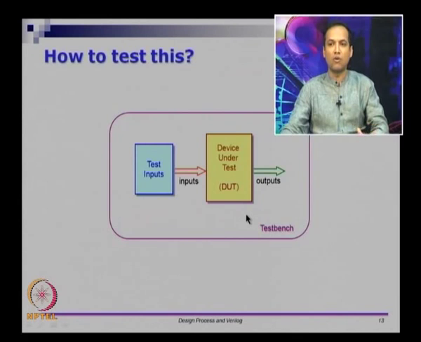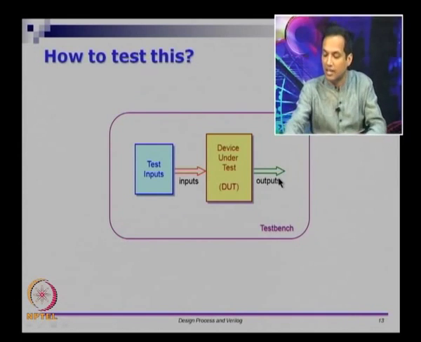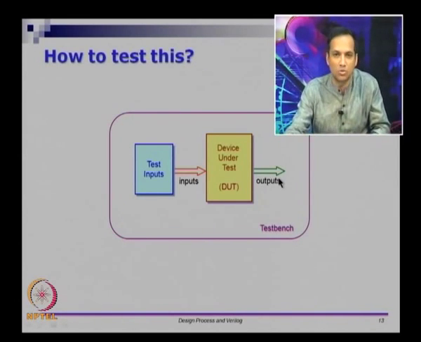So in Verilog what we are going to do is we are going to design a Verilog module called a test bench. This test bench is going to instantiate a module called device under test, and in the test bench we will have mechanisms to provide it inputs and see the outputs or capture the outputs. We will see how to do that.